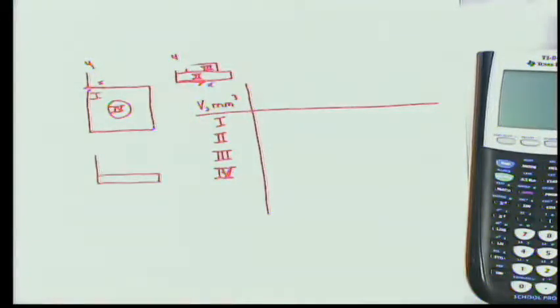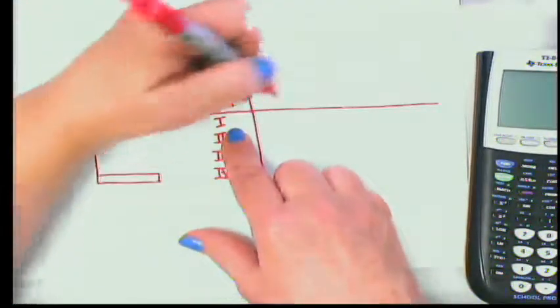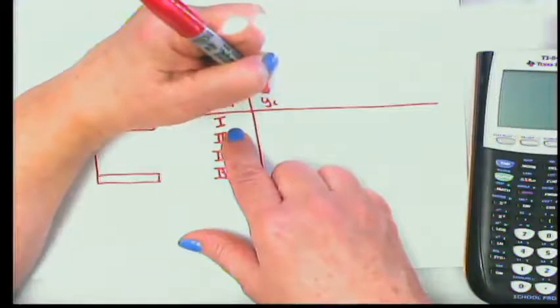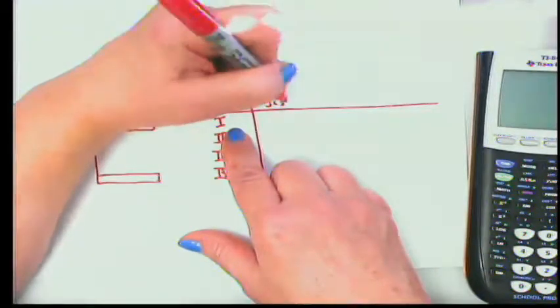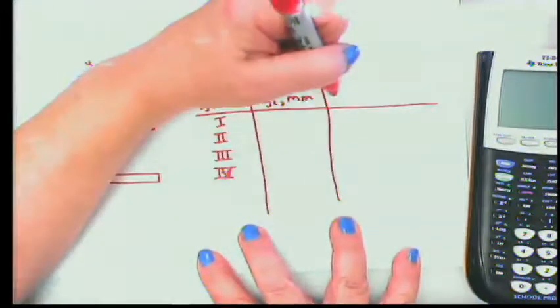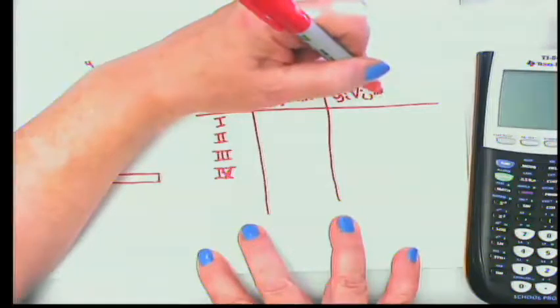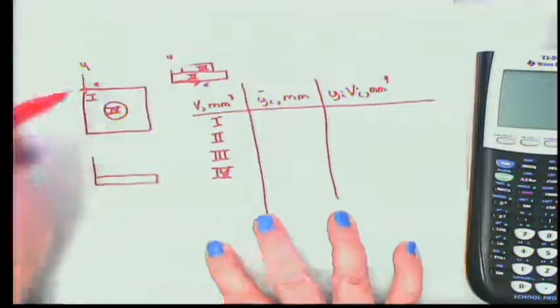All I have to think about then is the volume and then my y bar component of each of those, and that's going to be in millimeters. And then I'm going to have my yi vi, which is going to be in millimeters to the fourth, right?